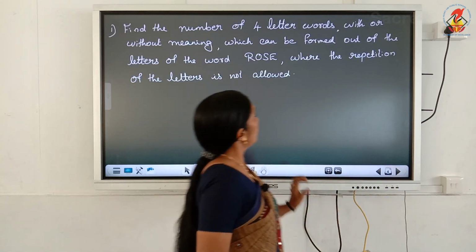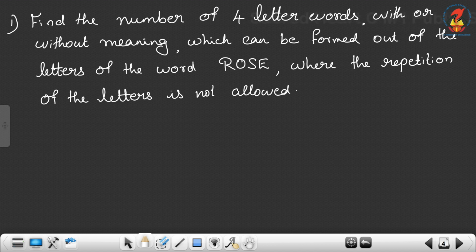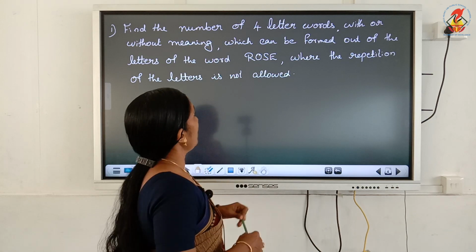So we can do problems. Find the number of 4-letter words, with or without meaning, which can be formed out of the letters of the word ROSE, where repetition of the letters is not allowed. So here one word is given, ROSE, R-O-S-E.